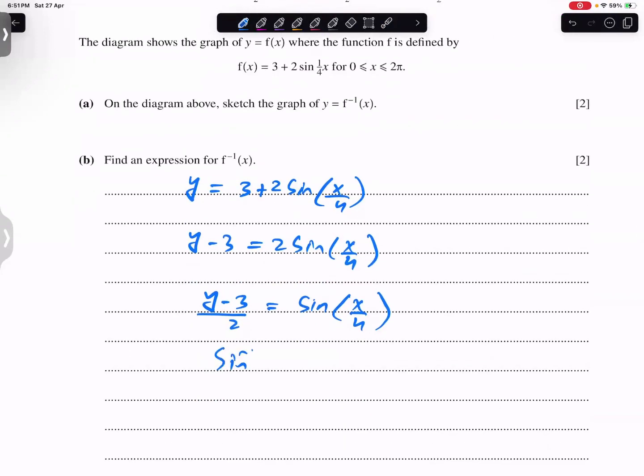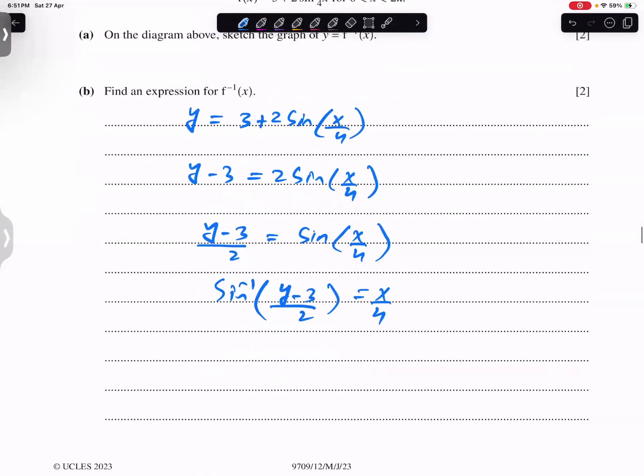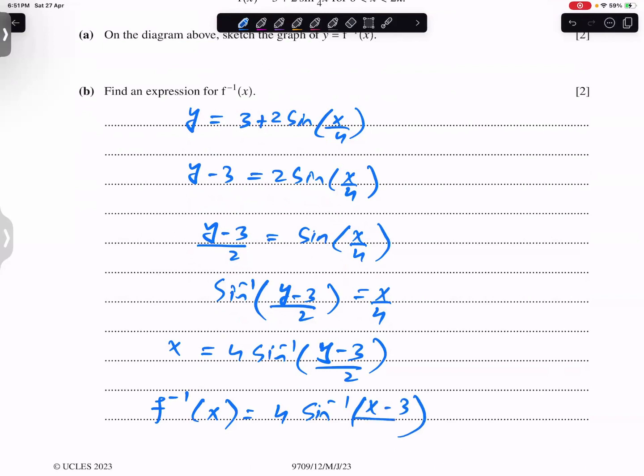So sine inverse of y minus 3 over 2 is equal to x over 4. So 4 sine inverse of y minus 3 over 2 is equal to x. So just replace x with y and then write 4 sine inverse of x minus 3 over 2. So this is my f inverse function.